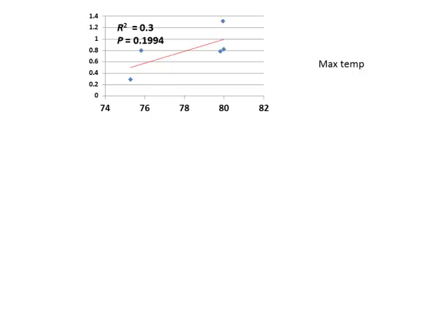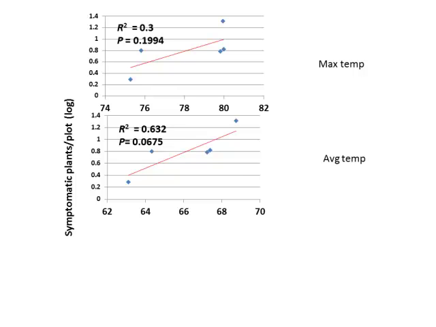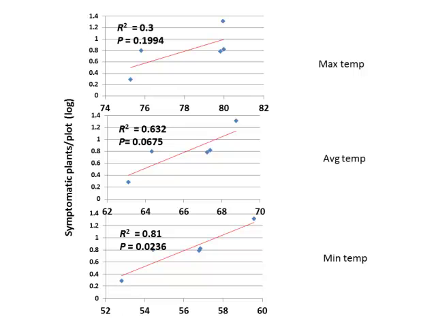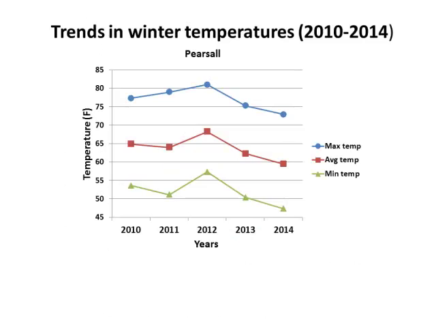There is no relationship with variation with maximum temperature. And average a little better, but still not significant. And here is with R square of 0.1 minimum temperature, which indicates that minimum winter temperature in the Rio Grande Valley is very important.